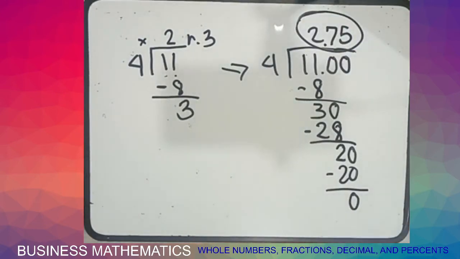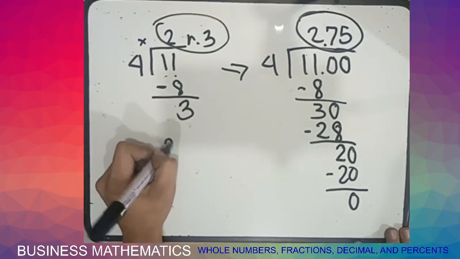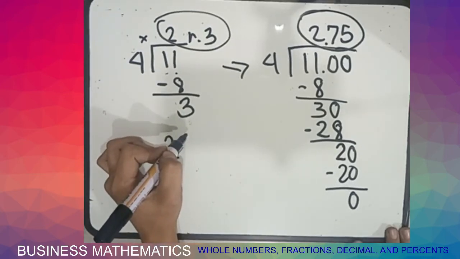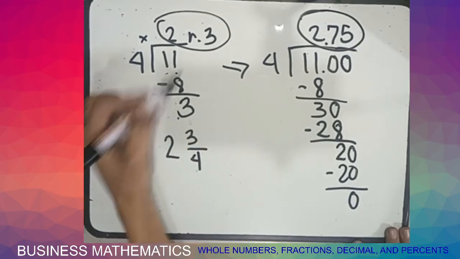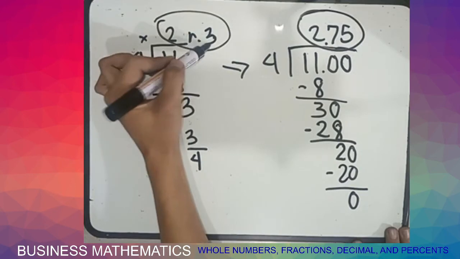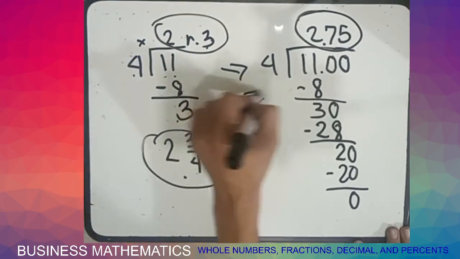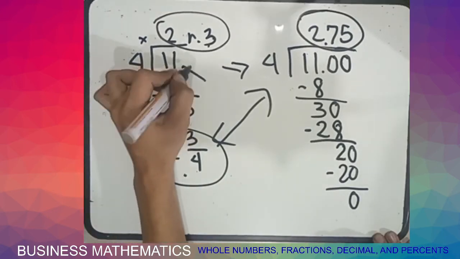Okay. So ganun lang. Or pwede natin i-transfer si 2 remainder 3 as 2 and 3/4. Okay? So, remainder natin, gagawin natin siyang fraction, 3 tapos over 4. So, ito yung equivalent ito. Parehas lang silang dalawa. Okay? So, bago tayo magkalimutan, anong tawag kay 4 at saka 11?